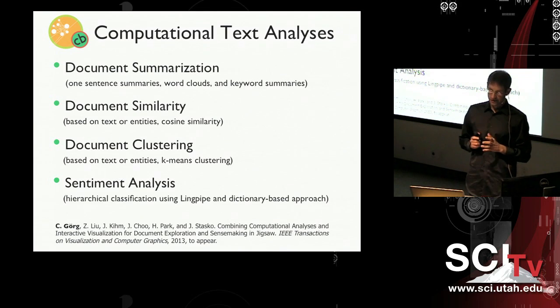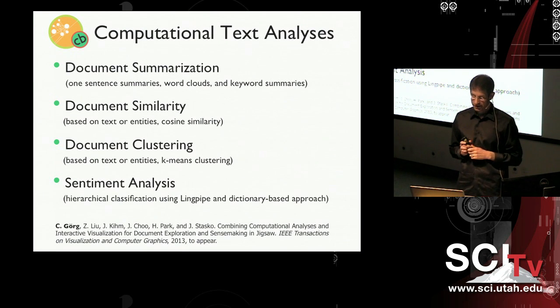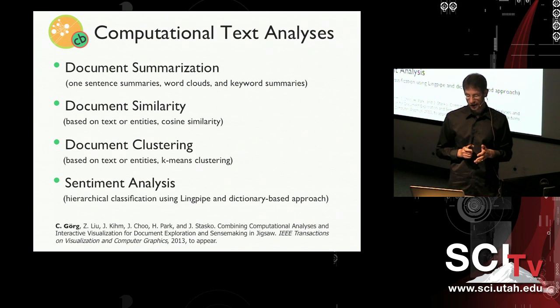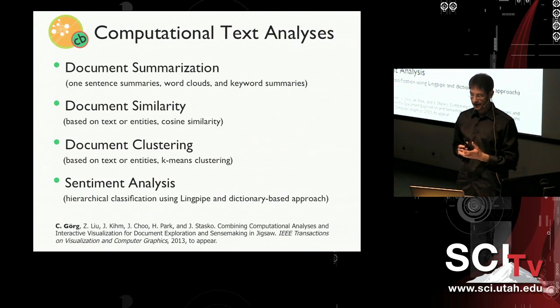Additionally, to entity identification, I also have implemented a number of computational text analyses that can really help the analytical process. So I use document summarization to help an analyst to quickly get the gist of a document rather than reading the entire document.